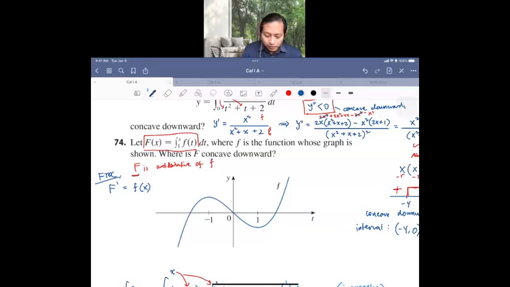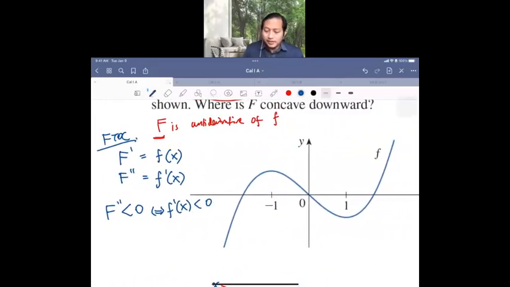Now concavity, we need to derive this a second time, and this becomes f prime x. So concave downward is when this second derivative, f prime x, is less than 0. Now do not confuse or mix up the first derivative and the second derivative.